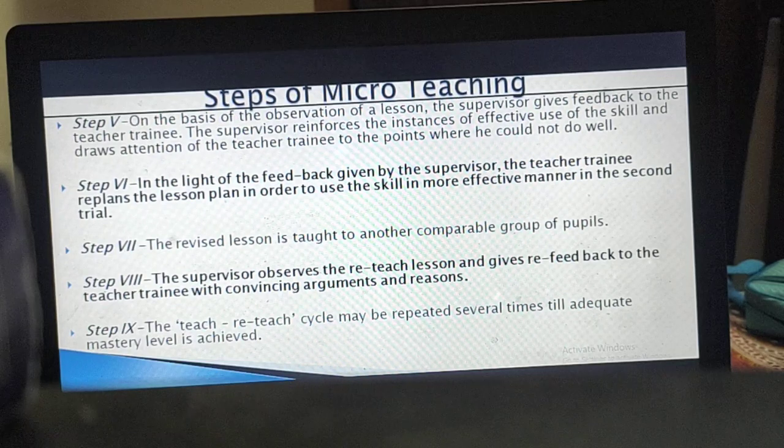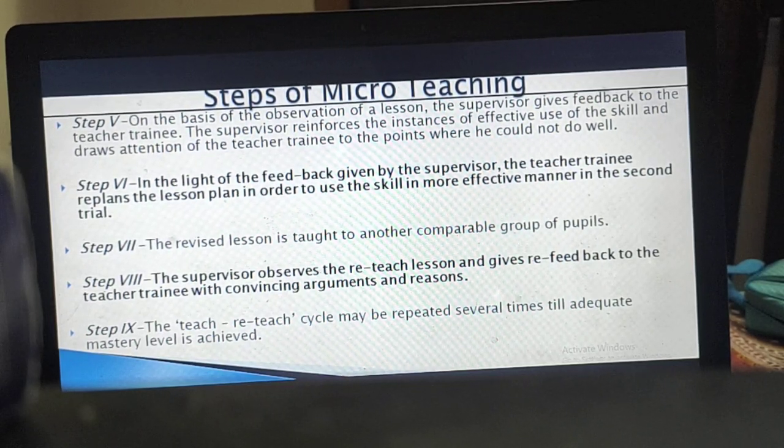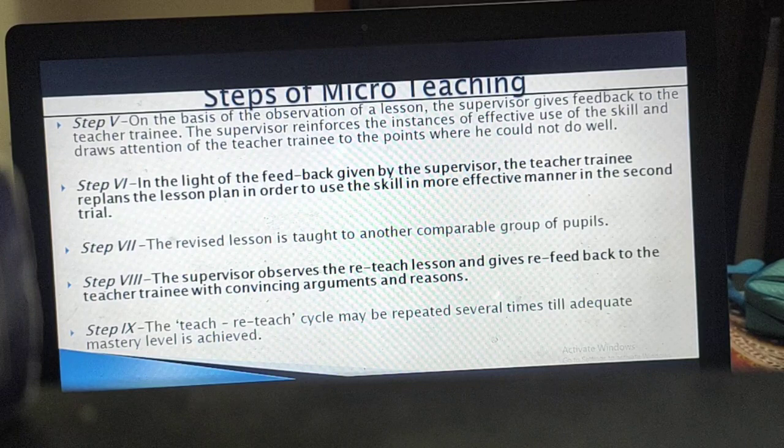Number 7, the revised lesson is taught to another comparable group of pupils. Step number 8, the supervisor observes the reteach lesson and gives re-feedback, again, with convincing arguments and reasons.